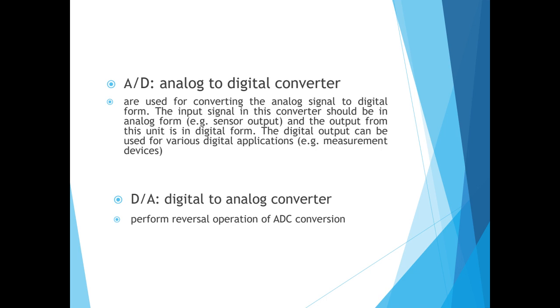The input signal should be in analog form, for example a sensor output, and the output from this converter of the microcontroller is in digital form, and the signal output can be used for various digital applications, for example measurement devices and the like.